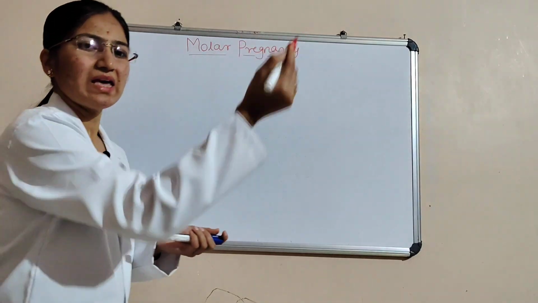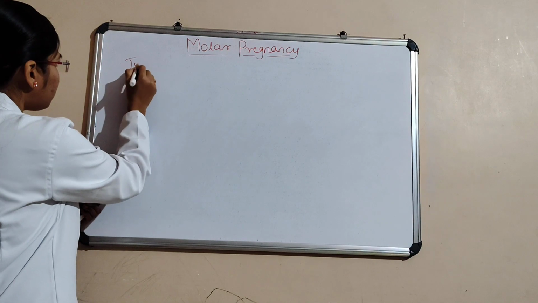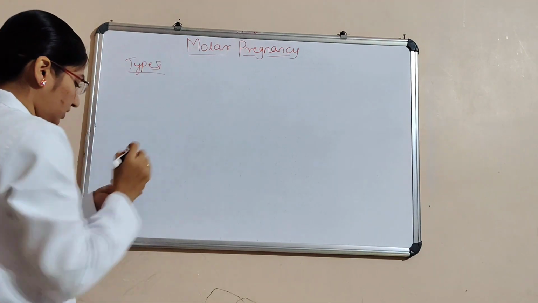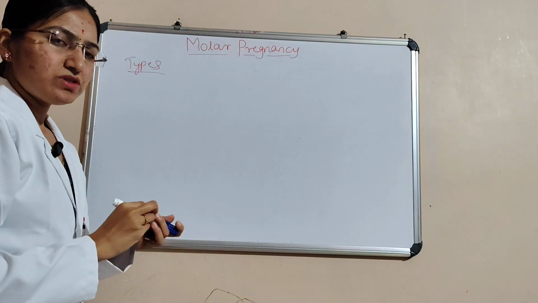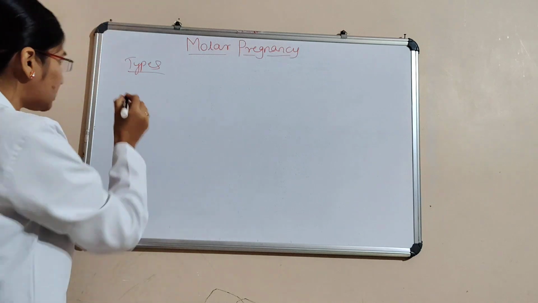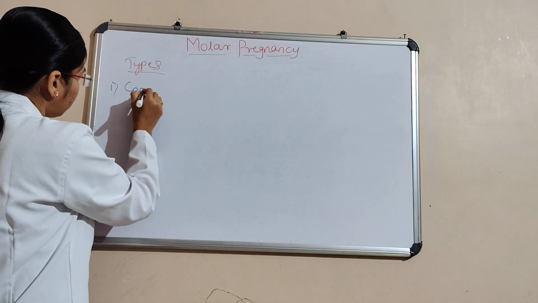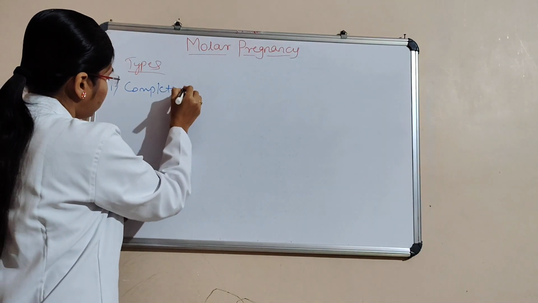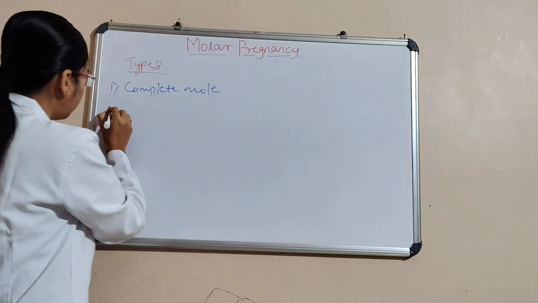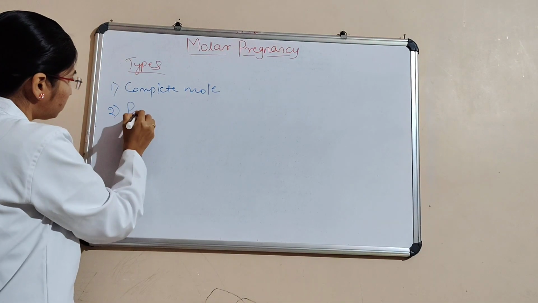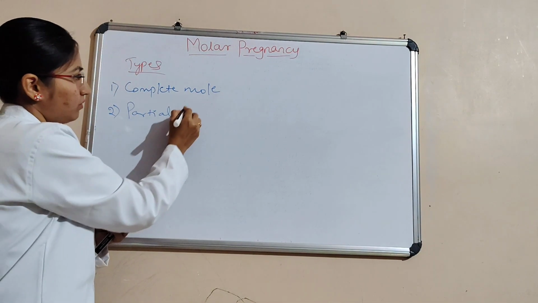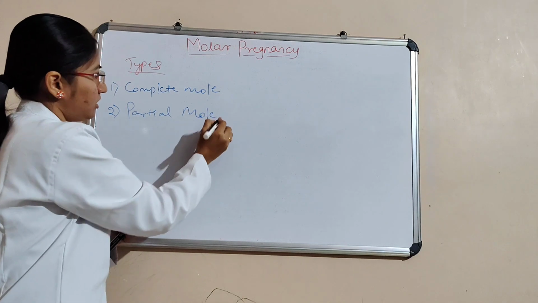Next we'll see the types of molar pregnancy. Here in types, first one is complete mole and then partial mole.